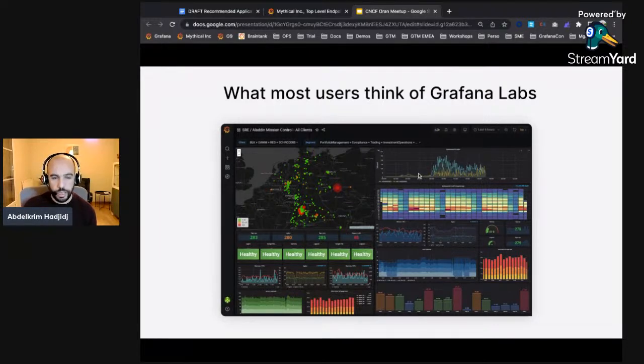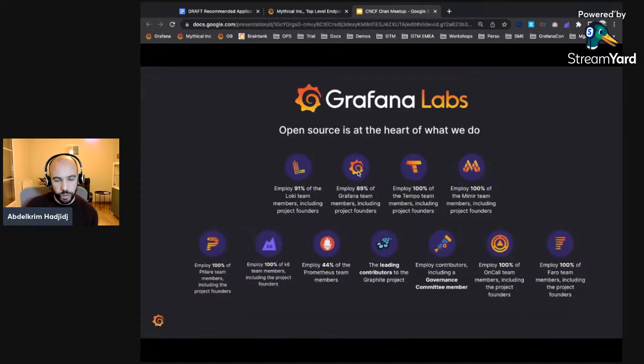So this is the most famous product that we built at Grafana Labs. But there are also many other things that we participate in that a lot of people don't know. We have this LGTM stack, which is 100% open source solutions to monitor your applications and your Kubernetes clusters.